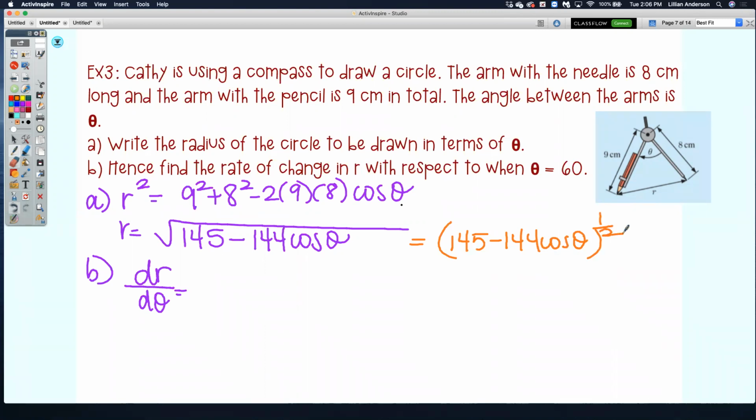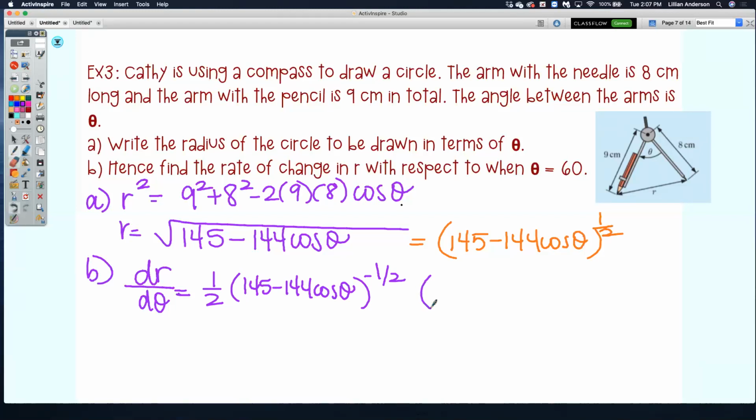What concept or what rule do I need to use here to find the derivative? Chain rule. What's the derivative of the outside? 1/2 x to the negative 1/2, but I'm going to write the whole inside function, then multiply this by the derivative of the inside.